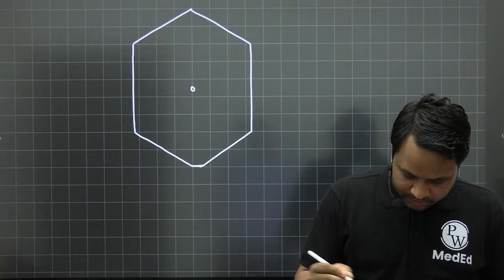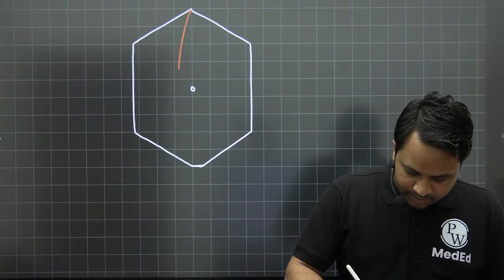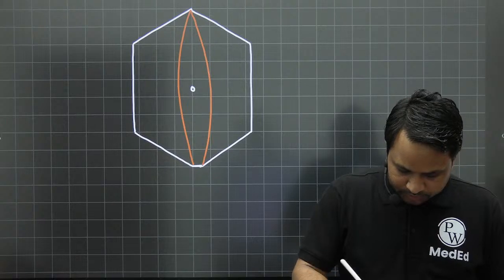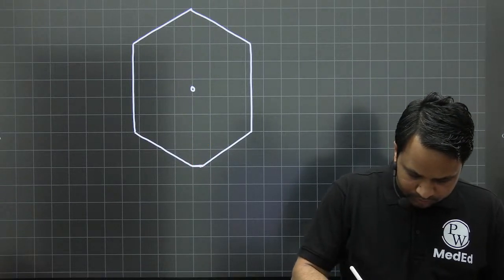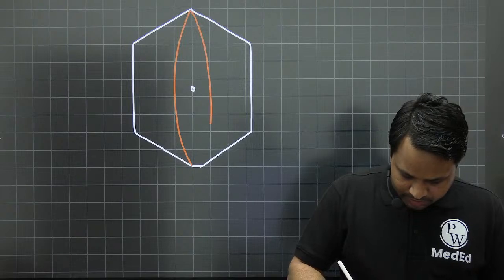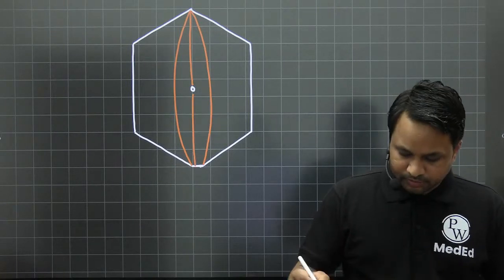This is the umbilicus. Let's say this happens to be the rectus abdominis muscle, which is present dead in the center.